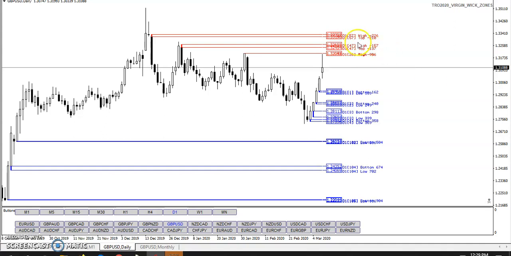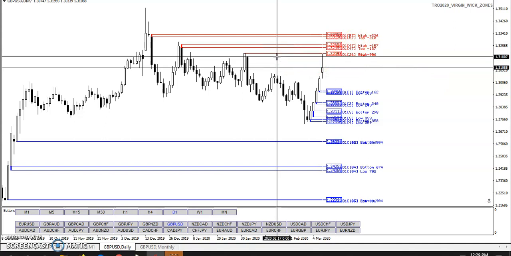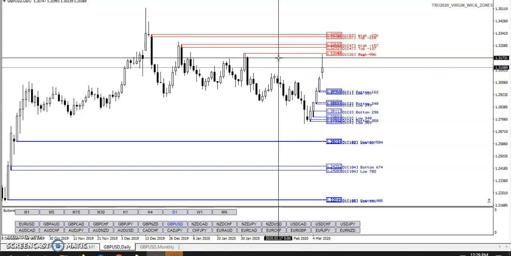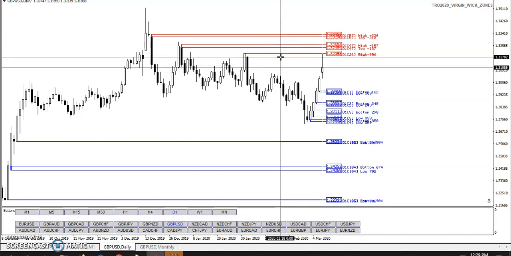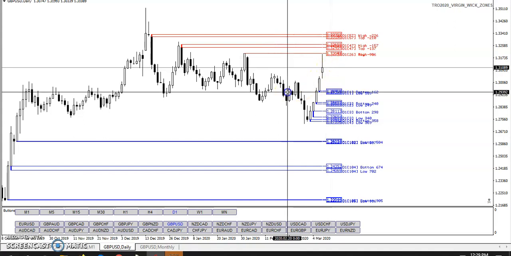So like here on the daily, you can see it almost hit that, and then if you put your cursor there, you see how it came through that little wick zone there. So on the way up, that was a virgin, and then all of a sudden it hit it, it cracked it, but then it fell right back through, and there's your money.